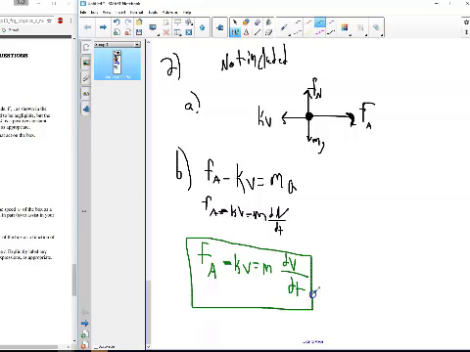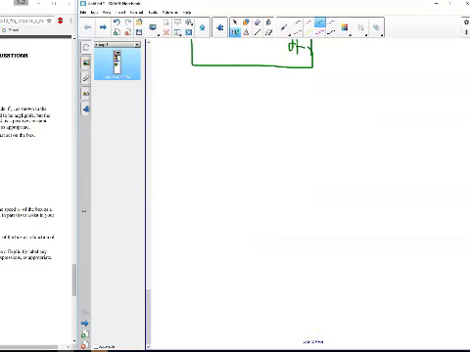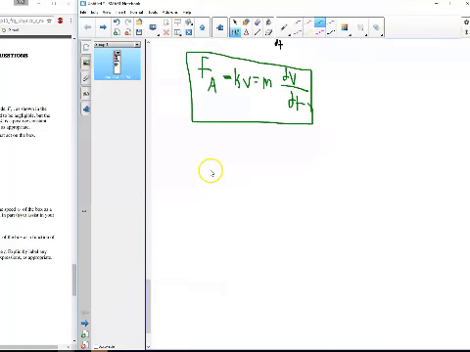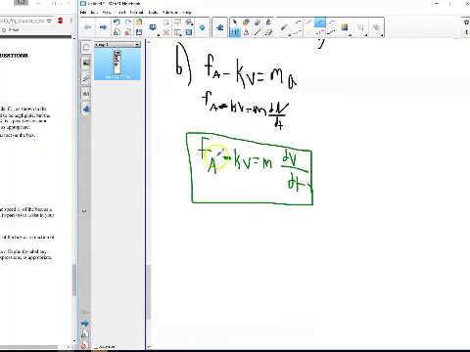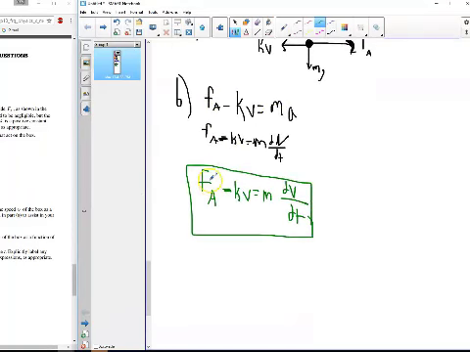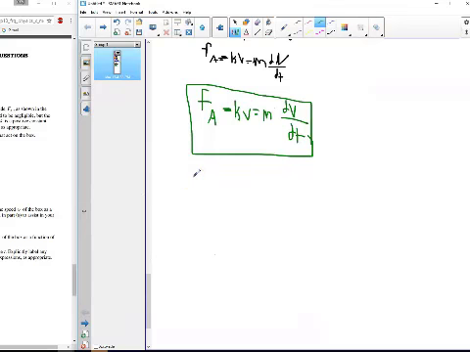Part C says determine the magnitude of the terminal velocity of the box. Well, what's terminal velocity? That's when F sub A is equal to KV. That's the drag force when you're falling out of an airplane.